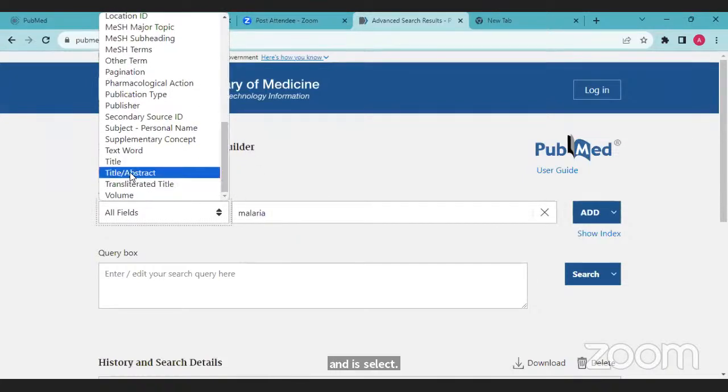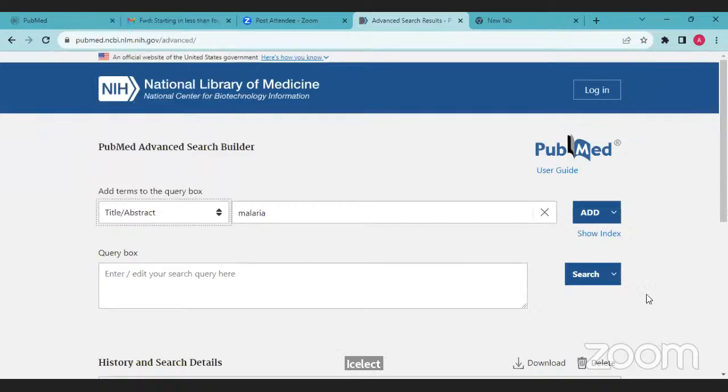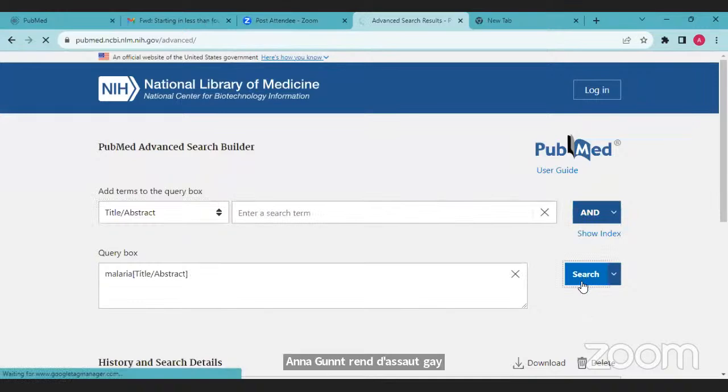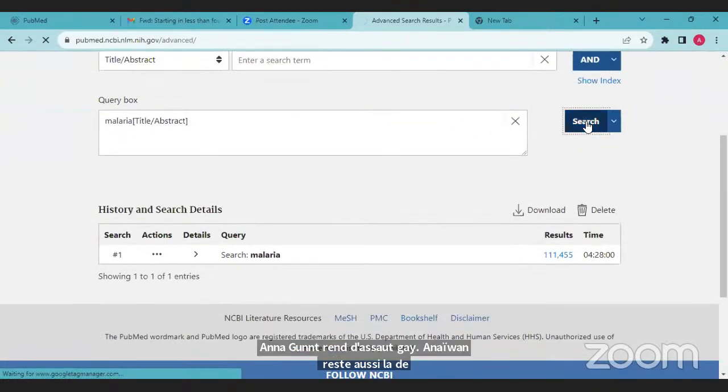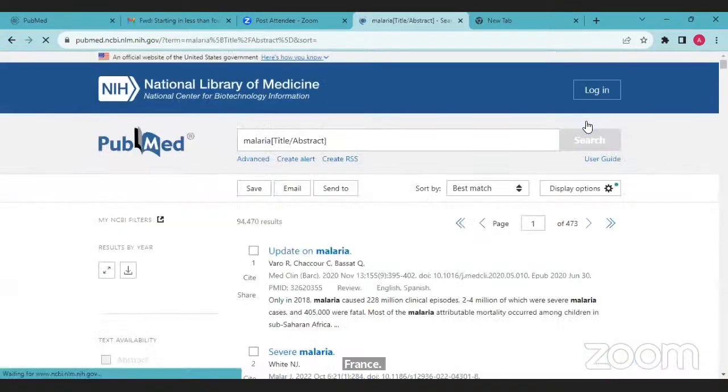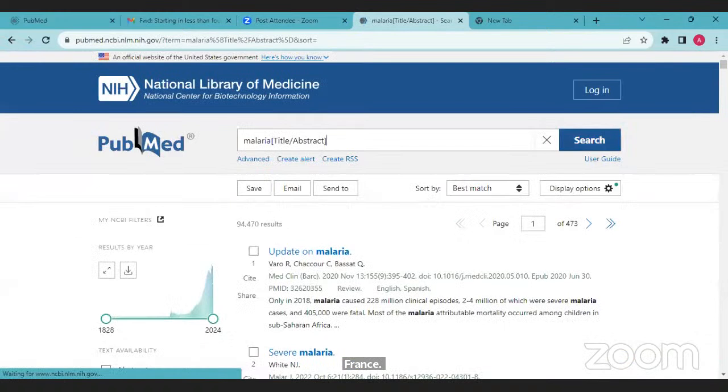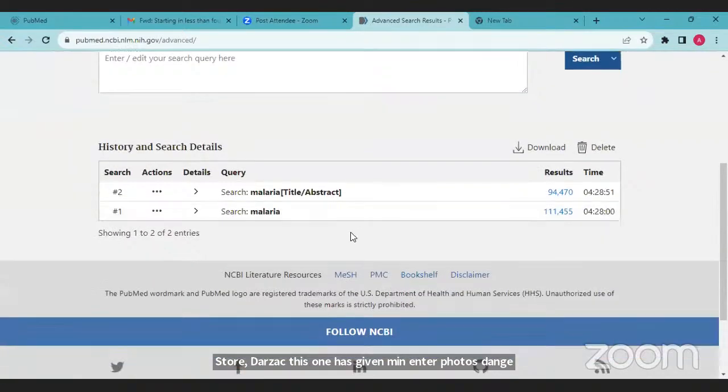Do you see it? And I'm going to run the search again. And I want us to see the difference. So the results, this one has given me 94,000 plus studies, but let's look at the history to compare the studies.